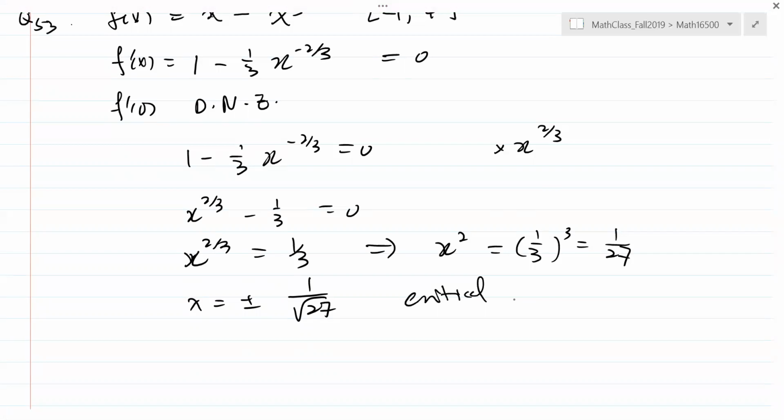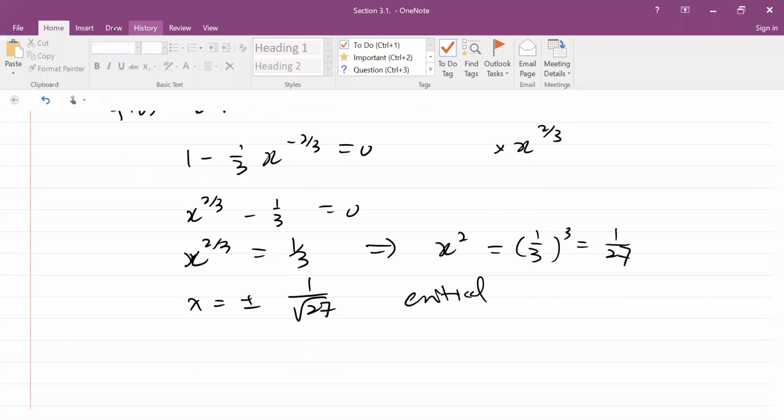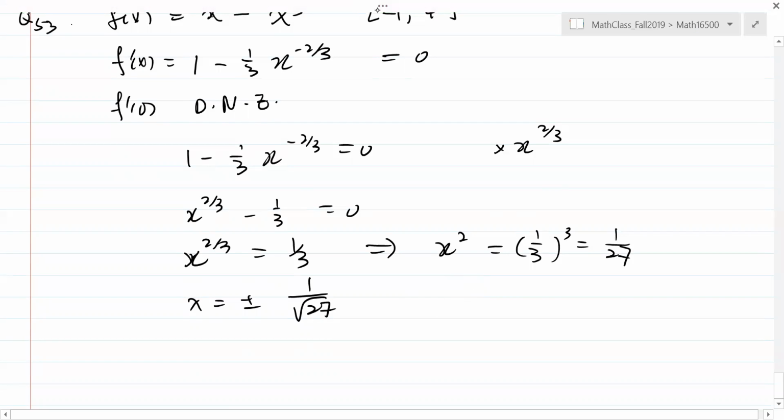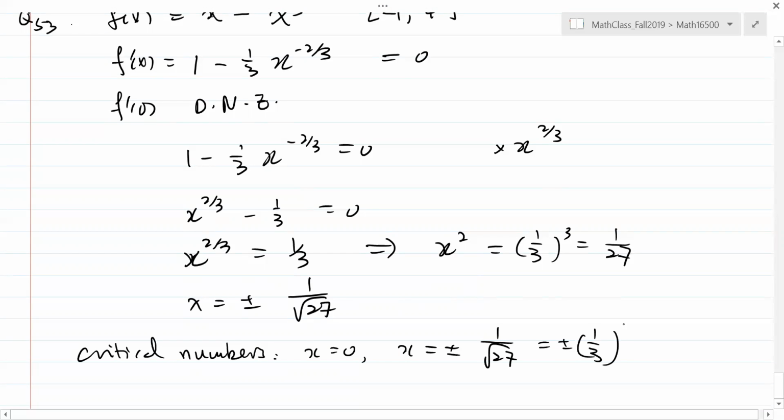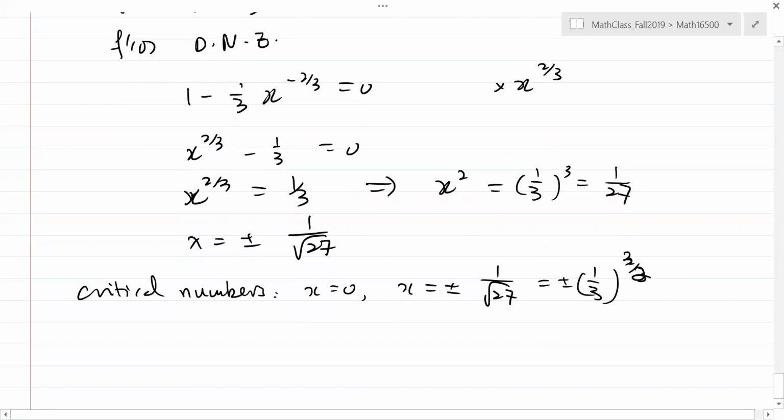We're going to get 3 critical numbers: x equals 0, and x equals plus or minus 1/3 to the 3/2. It can also be expressed in another form. Right, we get the critical numbers.